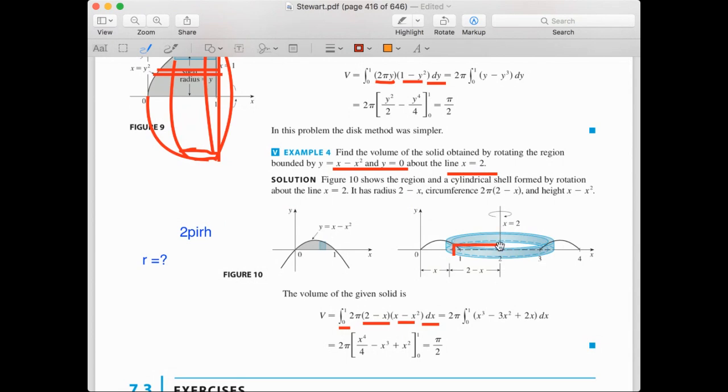So that's the radius. Make sense? And this radius is 2 minus the x value. Because this is the x value up to this point, the x value for this point. That's why it's 2 minus x.